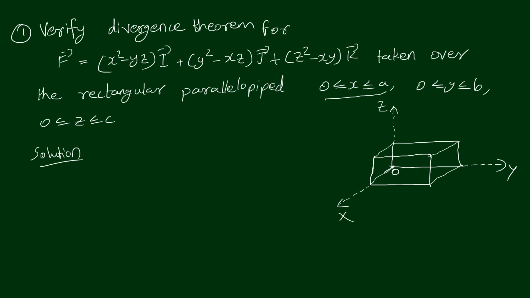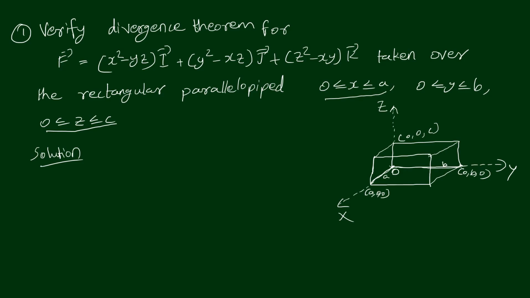So this distance is a, and this point will be (a, 0, 0). From the origin to this point, this will be (0, b, 0) on the y axis, and this distance is b, and this point will be (0, 0, c), since 0 ≤ z ≤ c.